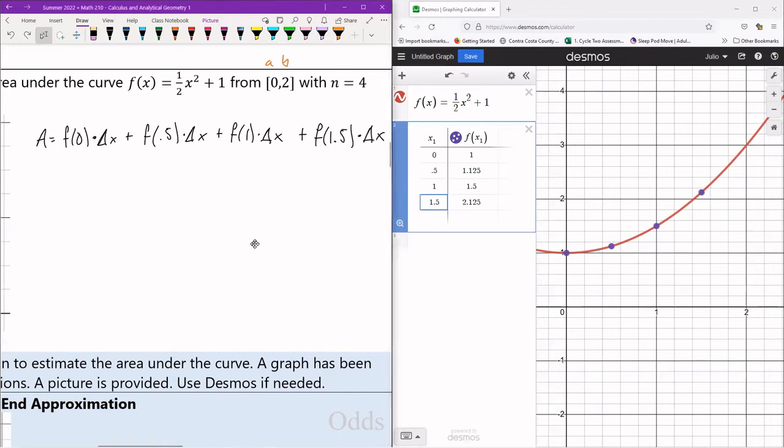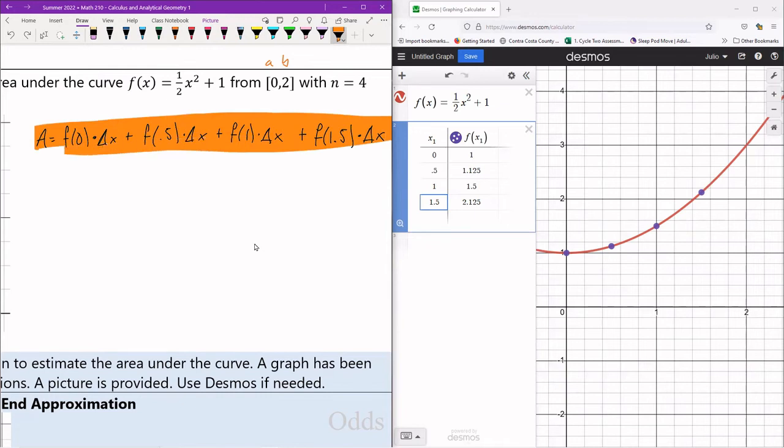Okay. Now, to make the calculations a little neater here, notice that in this entire expression that I have written out right here, all of them have a delta x multiplied to them.